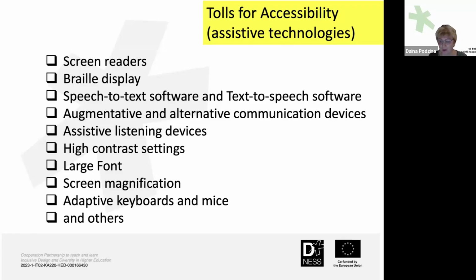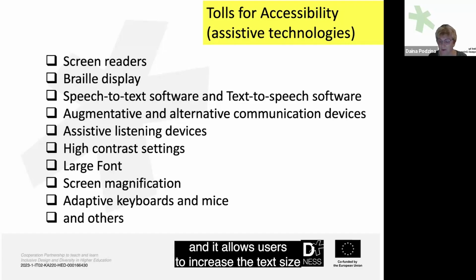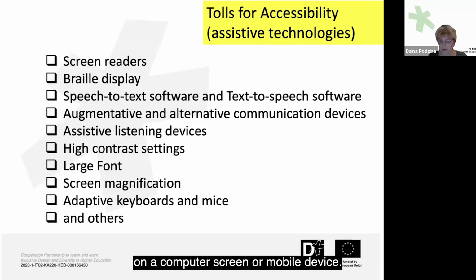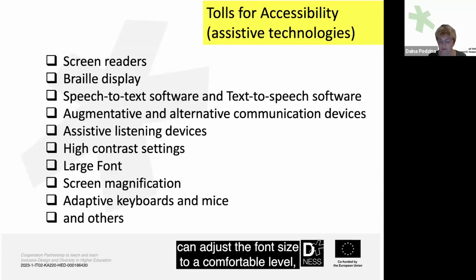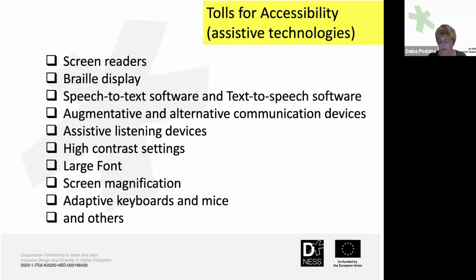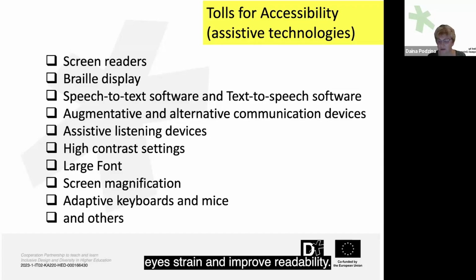larger font. It allows users to increase the text size on a computer screen or mobile device, and is handy for low vision individuals who have difficulty reading small fonts, and users themselves can adjust the font size to a comfortable level, which can help them to reduce eye strain and improve readability.